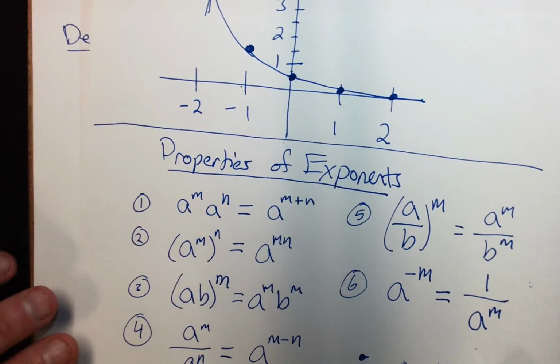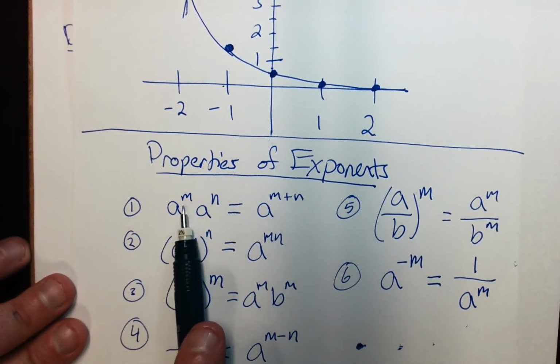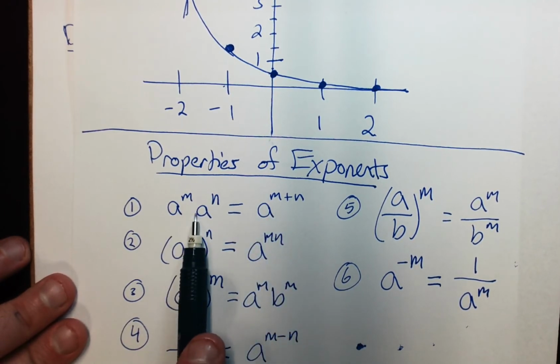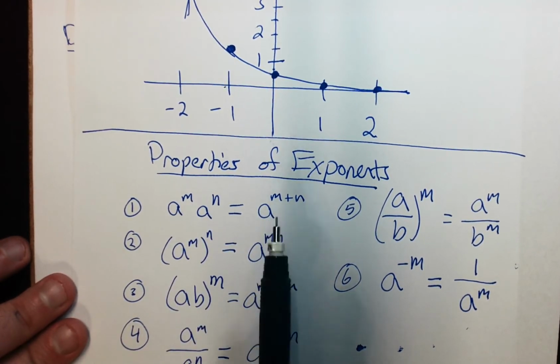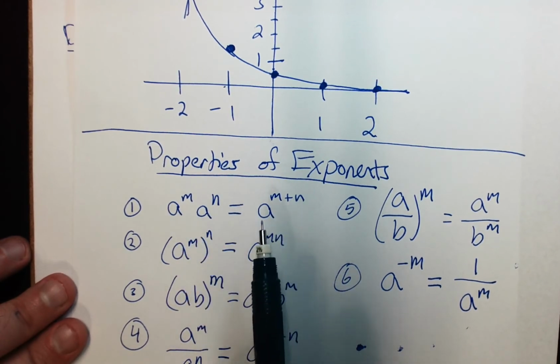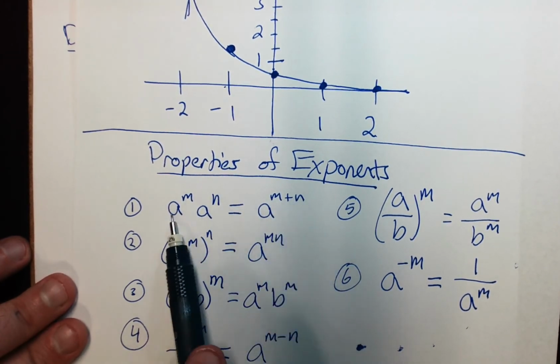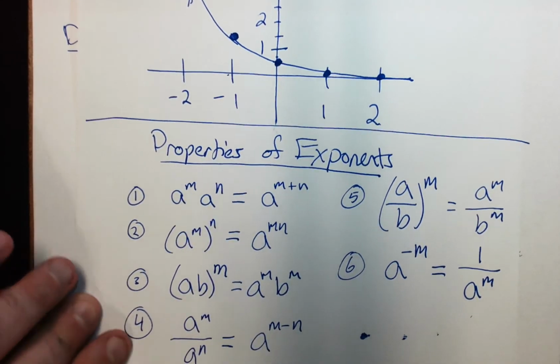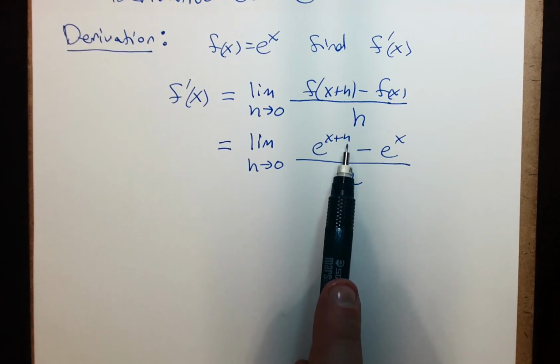All right, now you've got these two exponentials, and you're trying to do something with them. That's where you need those properties of exponentials again, right? We've got a formula here. Look at this first property, a to the m times a to the n equals a to the m plus n. Well, normally we can take these and combine them into one exponent like this, but you can use this formula backwards: if you have an a to the m plus n, you can split it up into two a's, a to the m times a to the n.